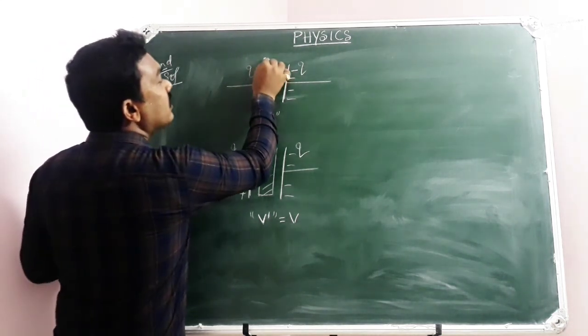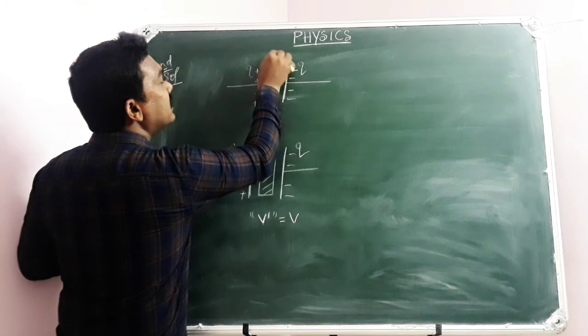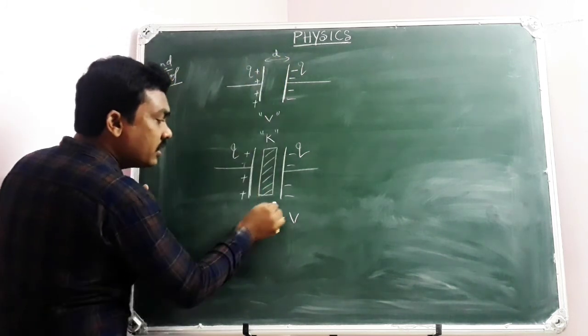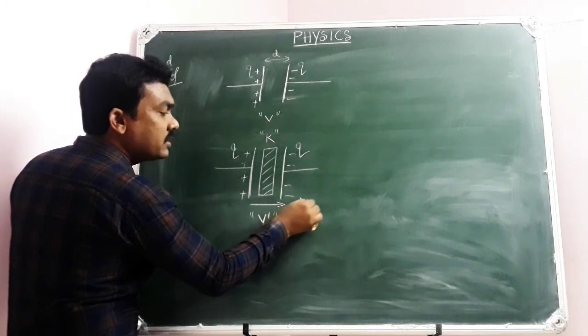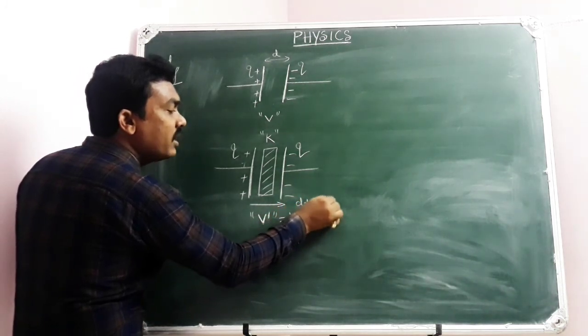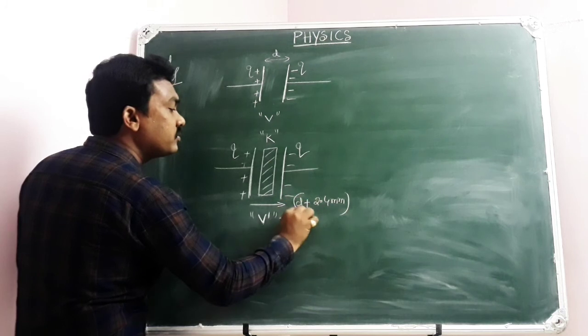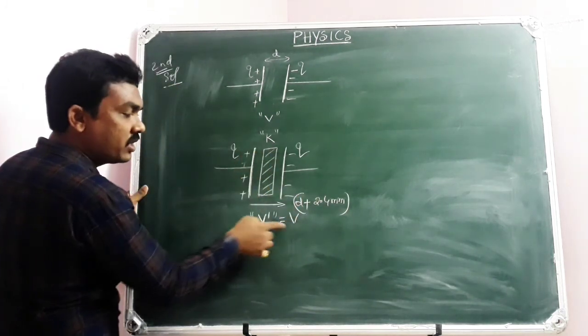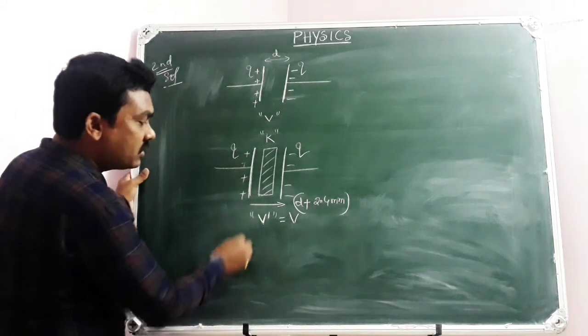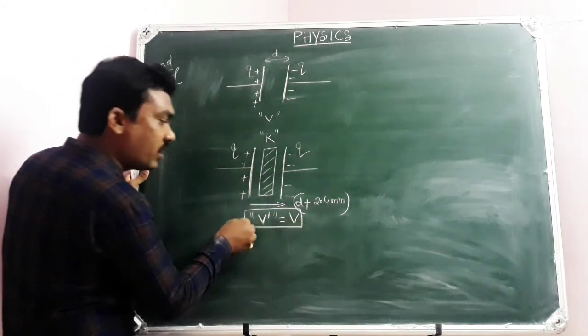Means here if the distance between the plates is D, here the distance between the plates will be D plus 2.4 millimeter. The distance between the plates has been increased to keep the same potential difference. Same potential difference means what?